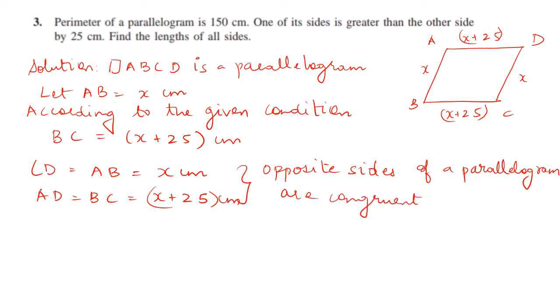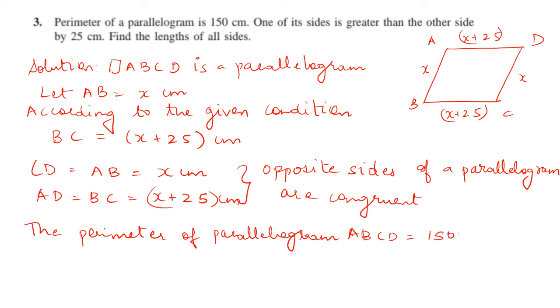Now it is given that the perimeter of parallelogram ABCD is 150 centimeters. So AB plus BC plus CD plus AD is equal to 150.